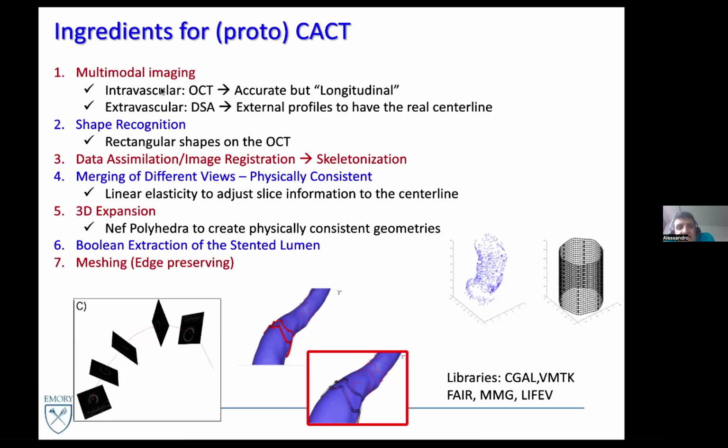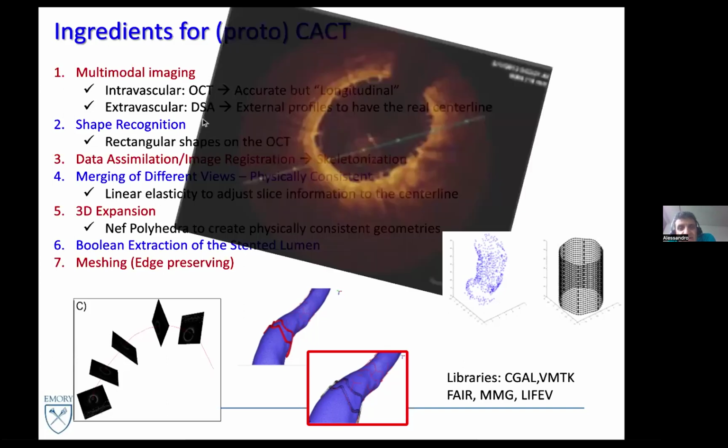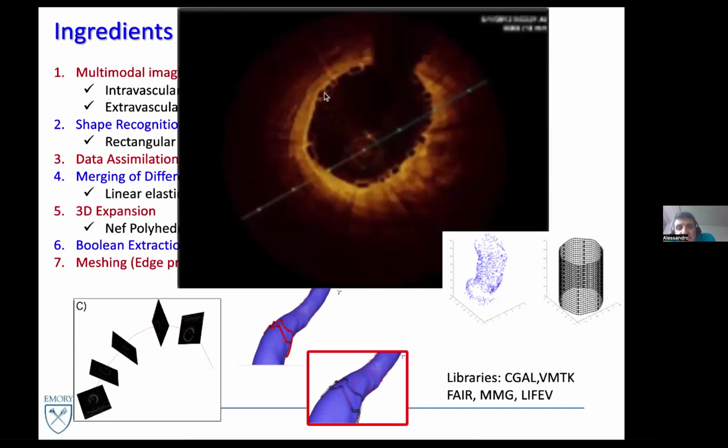First, one type of imaging to reconstruct the stent is not enough. So we are using 2 different imaging techniques. One is optical coherence tomography, which is accurate, and optical coherence tomography is basically this one. These are slices taken from a catheter with a camera mounted on the catheter.